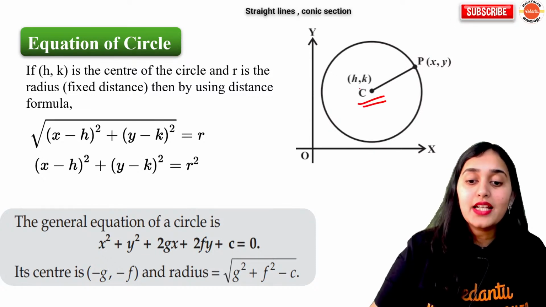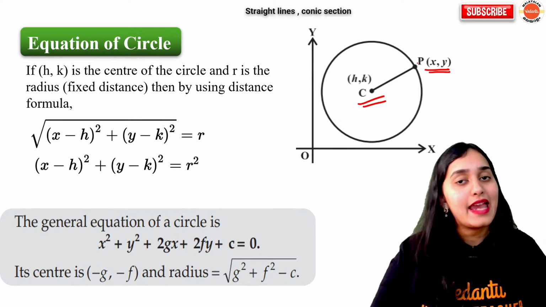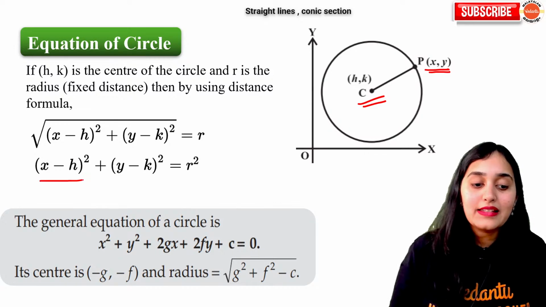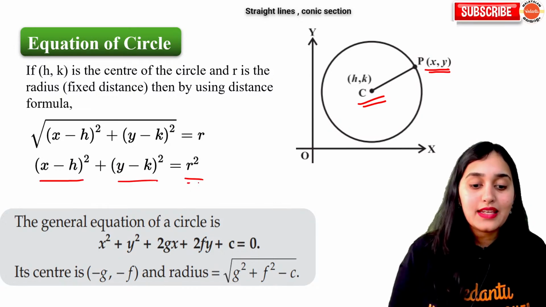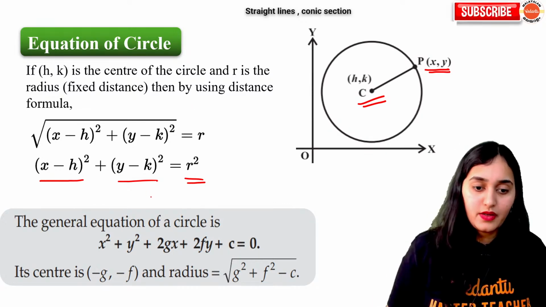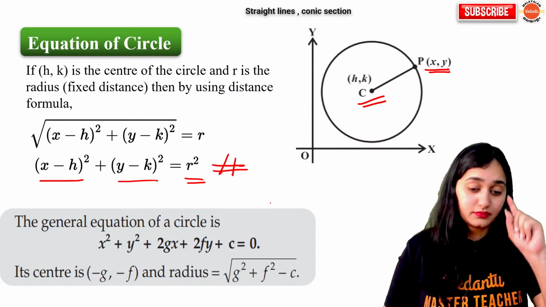If the center of the circle is (h, k) and if the point on the circle is (x, y), then we write the equation of the circle as (x minus h) whole square plus (y minus k) whole square is equal to radius square. This is the most important formula of this chapter.